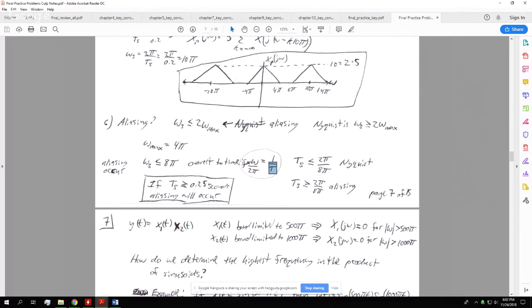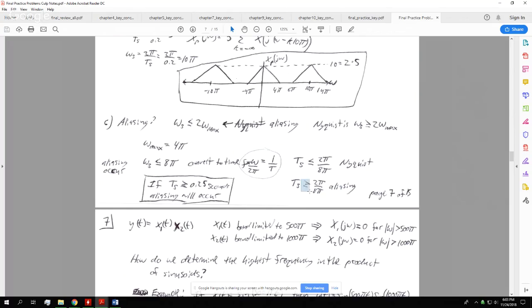Sorry, I ran out of room, but f equals omega over 2 pi, because 2 pi times f equals omega, the angular frequency, and that will equal 1 over t. That's how I can convert this into this. This is how I would write it with the equality for Nyquist, but we're not worried about the Nyquist, we're worried about aliasing. That's what the problem asks us for.